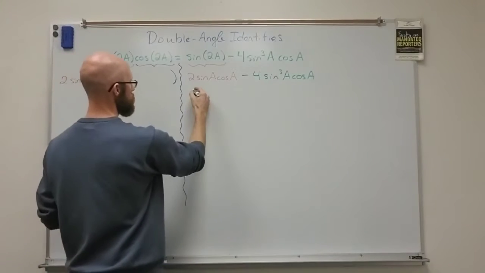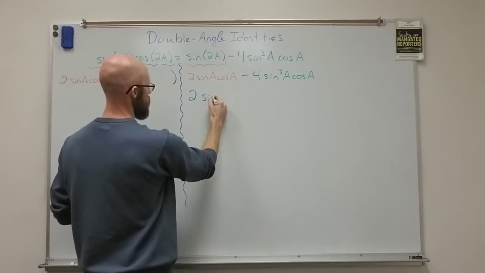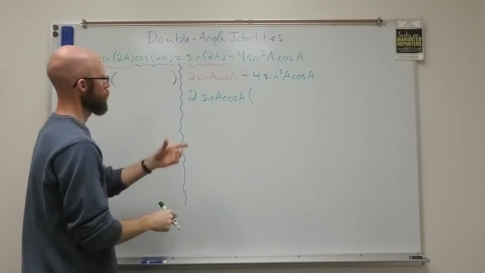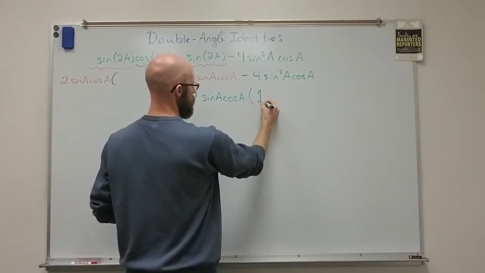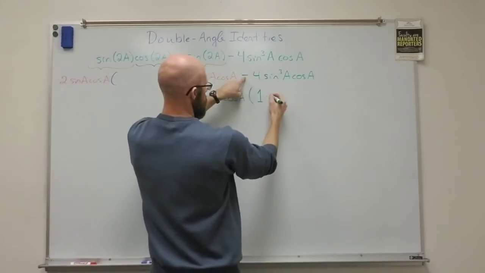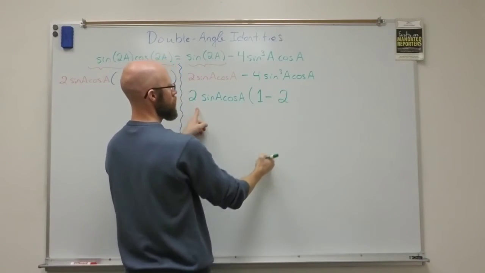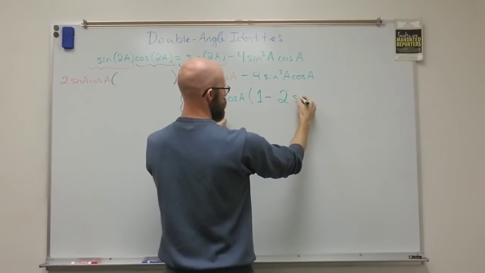So let's do that. Let's pull out a 2, a sine a, and a cos a. If I pull that out of this first term, well, that's everything, right? So that leaves us with a 1. And out of this, I have a minus, and then pull out a 2 from a 4, I get a 2. Pull out a sine from a sine cubed, and I get a sine squared.